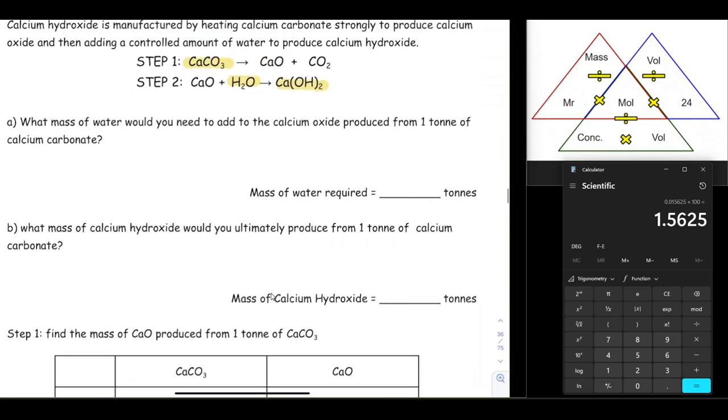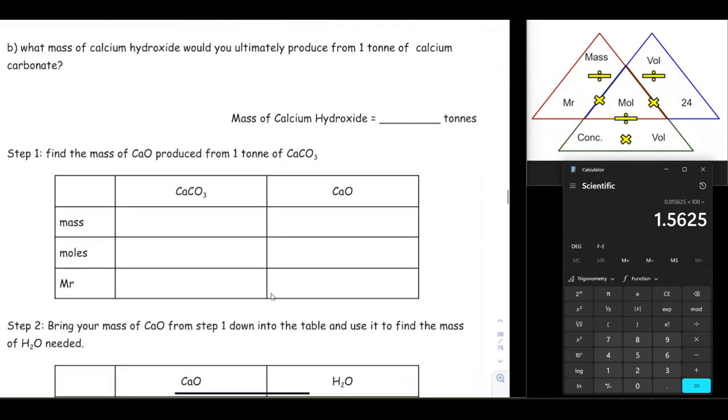So it's telling us we've got 1 ton of calcium carbonate. So we put that straight into here, 1 ton of calcium carbonate. The relative molecular mass of calcium carbonate is 40 plus 12 plus 16 times 3, which is 100. We know calcium oxide is 40 plus 16, so it's 56.